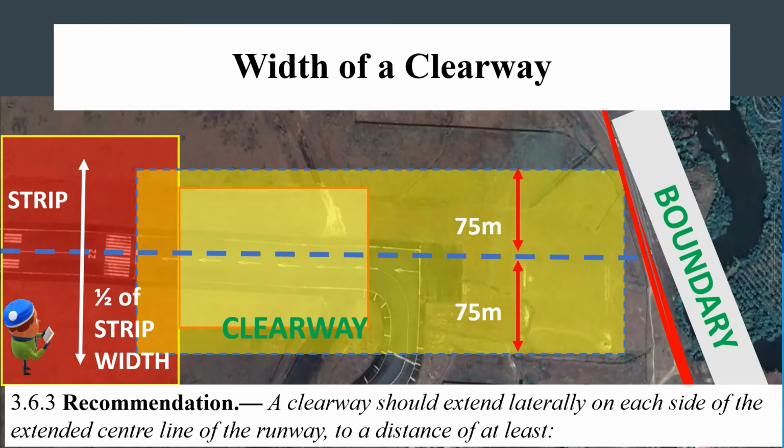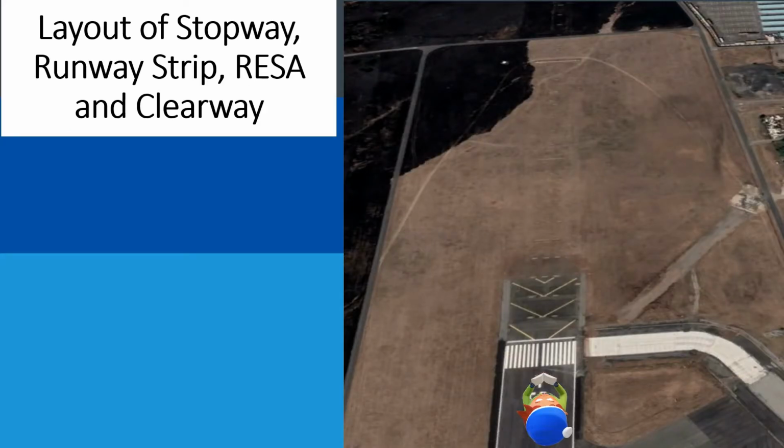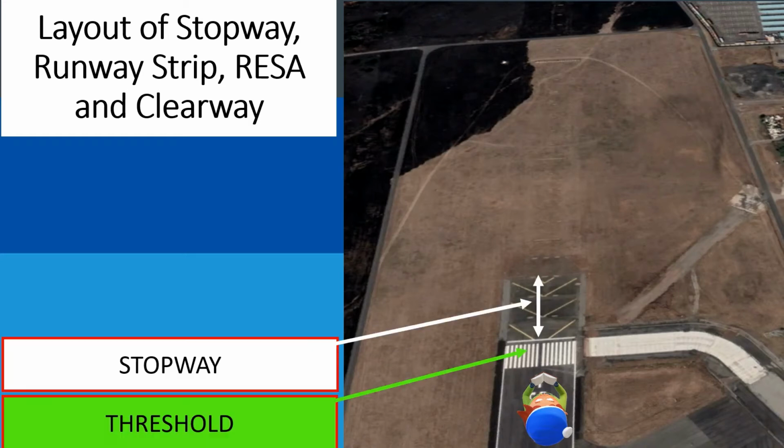So let's put all this together. You can see that the clearway has direct impact on the strip, on the RESA, and even the stopway. So assuming you position yourself on your runway and looking towards the end of the runway, you will first see your threshold. That is where you have the piano keys. Beyond it, you may have a stopway or not.